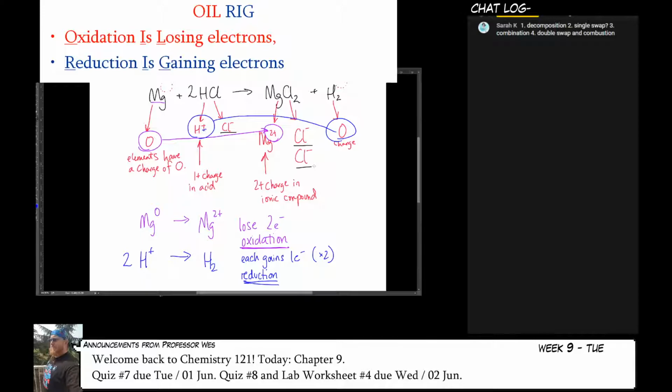But magnesium was oxidized and hydrogen was reduced in this reaction. So that's what's meant by an oxidation reduction reaction: if we break everything down into its ions, you can see that some substances gain electrons and some substances lose them before and after the reaction occurs.